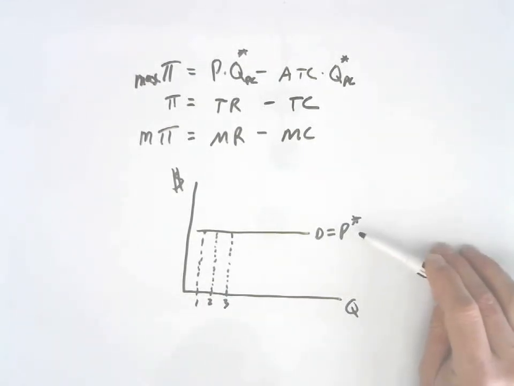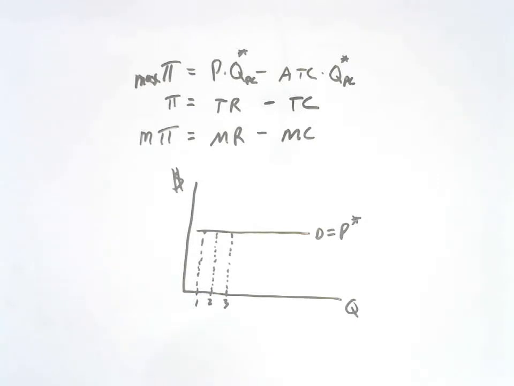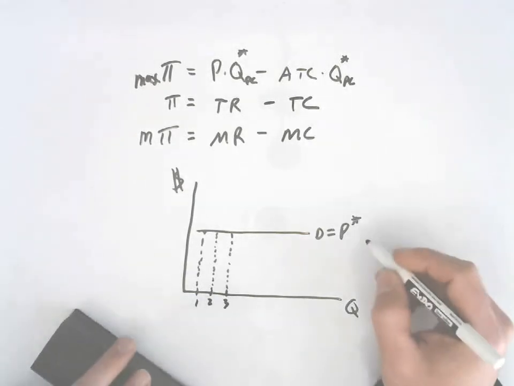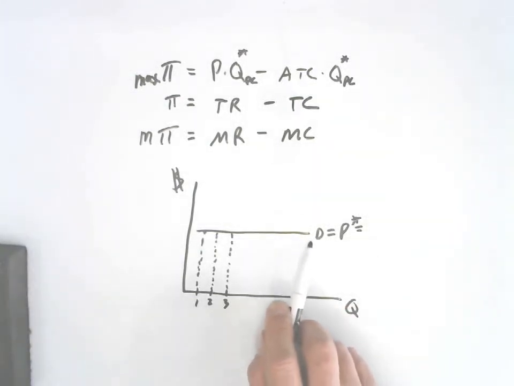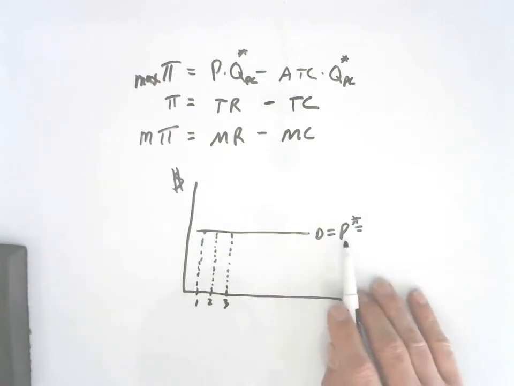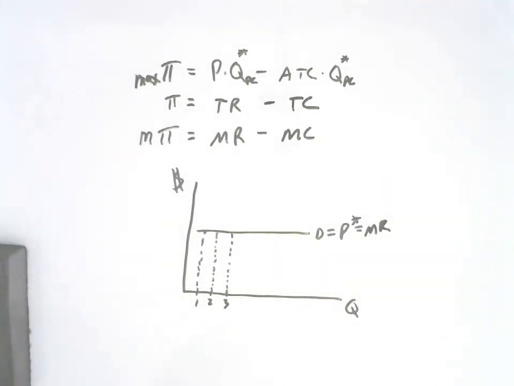How much did total revenue change? What is the marginal revenue of the third unit? It's equal to the price, just like it was for the second unit and the first unit. In other words, Farmer Bob faces a perfectly elastic demand curve that is equal to the market price for the product, which is also equal to the marginal revenue of that product.